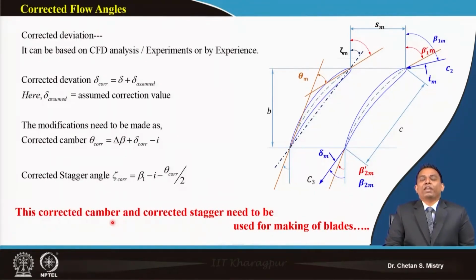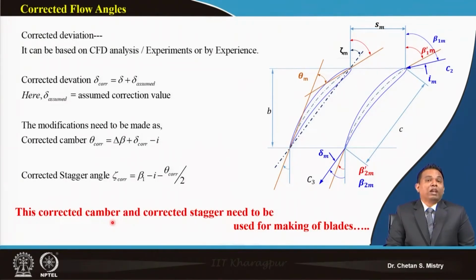Once the whole data sheet is ready, you will say, sir, we go ahead with making of the blade. If you recall, what Carter has given for calculation of deviation angle does not give the exact features we are looking for. So these days people are comfortable using computational tools.